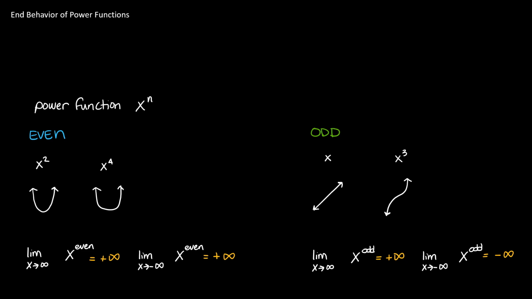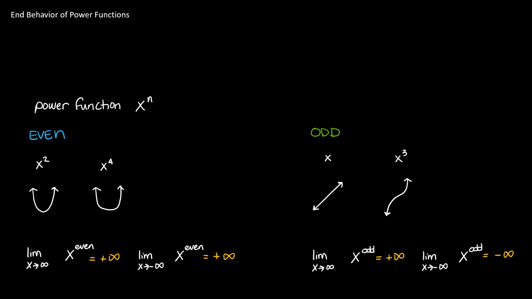And the same is true when you let x go to negative infinity. As x travels to negative infinity, the function outputs travel to positive infinity. So for an even power function, it doesn't matter if you're traveling to positive or negative infinity, the end behavior is going in the same direction.